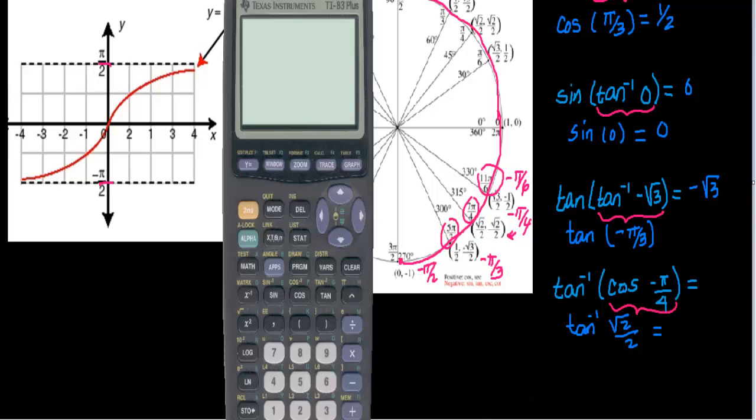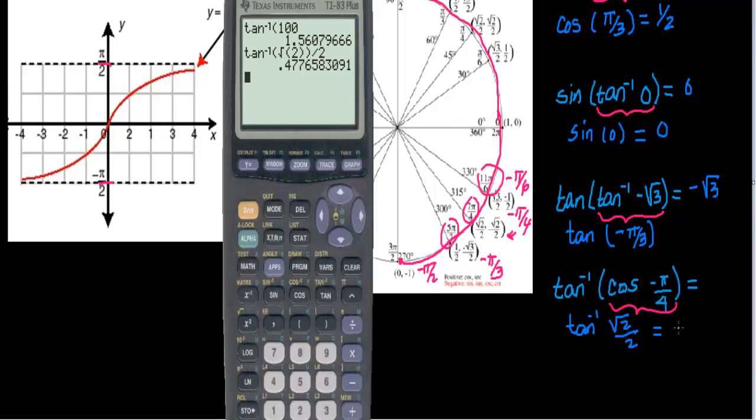I would have to do tangent inverse. Okay, I'm going to do the tangent inverse of the square root of 2, close parentheses, and close the other parentheses, and divide by 2.